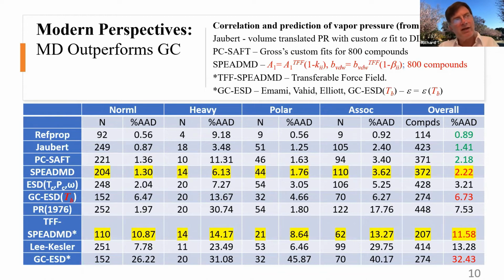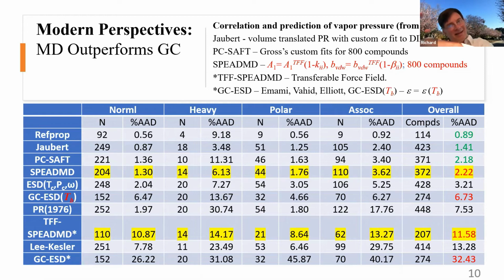I arrived at that cutoff because I was just seeing so much scatter in the behavior and the trends of the molecules with the transferable force fields that it just didn't make sense that this compound would be off by positive 50% and that compound would be off by negative 50% with the same transferable force field, and they were fine if you were above 0.001 megapascals.